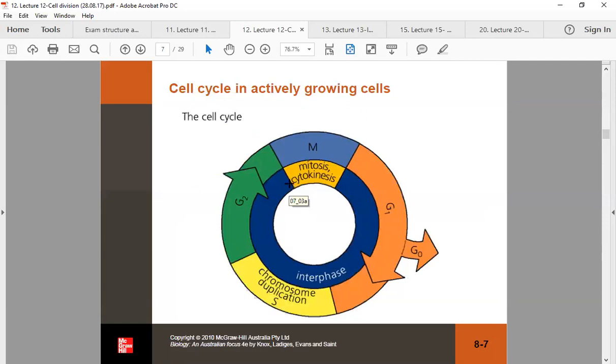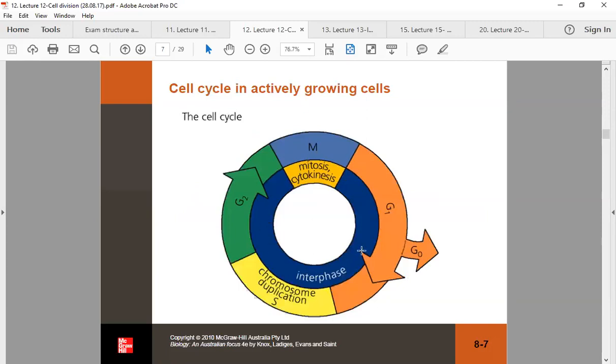That's followed by mitosis, and it ends with cytokinesis. Okay, so they're the major phases of the cell cycle: interphase, mitosis, and cytokinesis. All right, let's look at interphase and break this down.